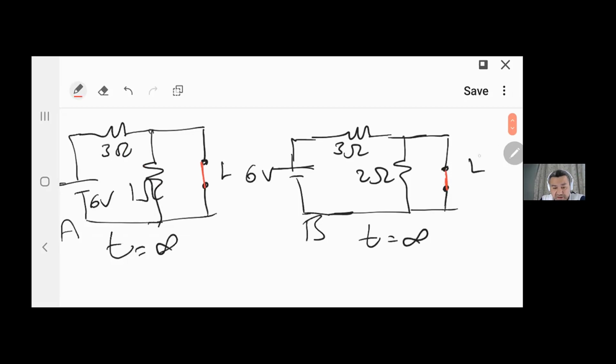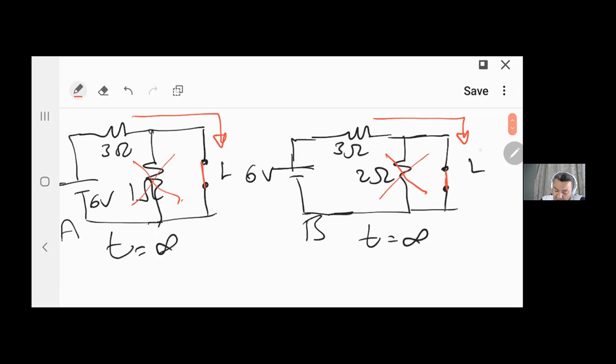In this case, there is no current going into the 2 ohm and the 1 ohm, and all the current is going into the inductor, because the inductor is now a piece of wire that has shorted out the component connected in parallel with it.